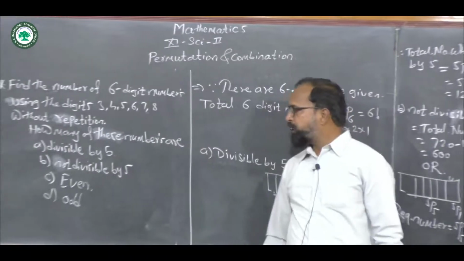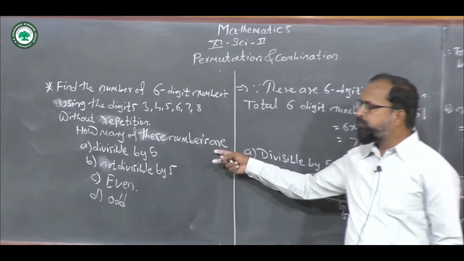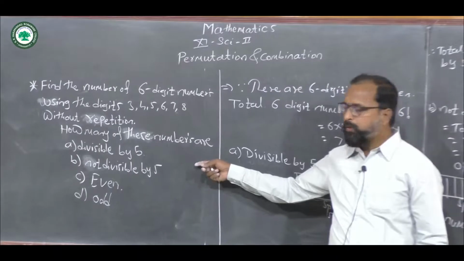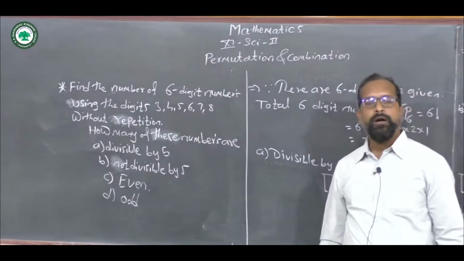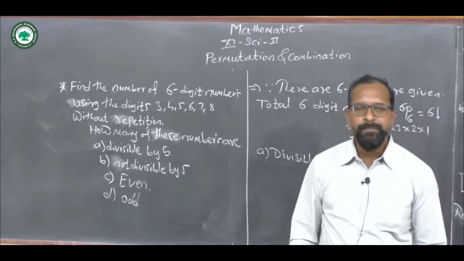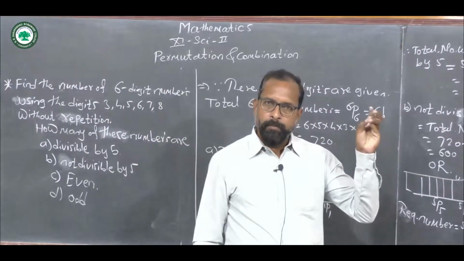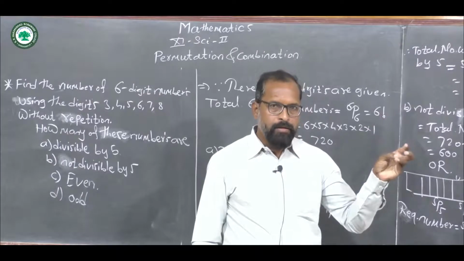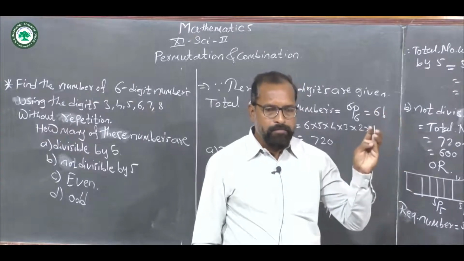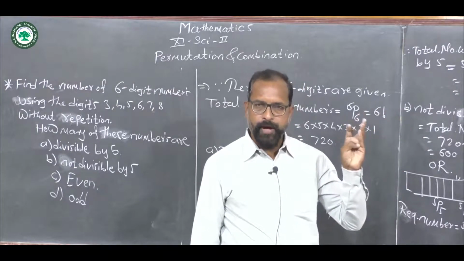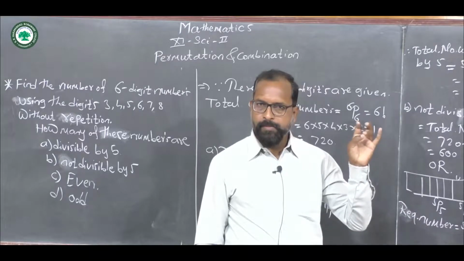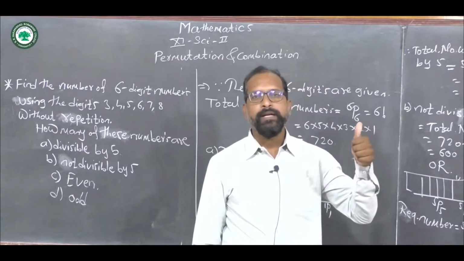In this way, we can find numbers divisible by 5, not divisible by 5, and even and odd. Remember here, divisibility by 2, that is the even number, not by 2, that is the odd number, divisibility by 5, not divisible by 5, and divisible by 10.